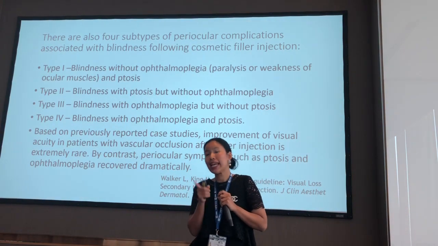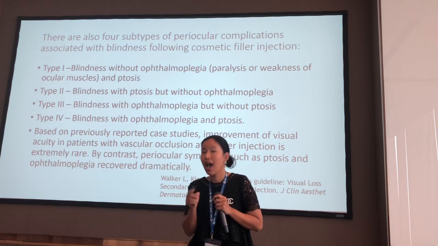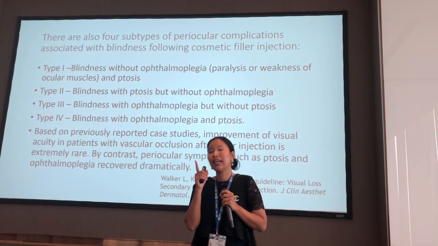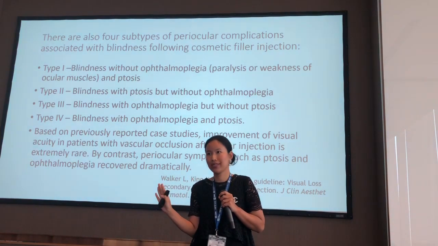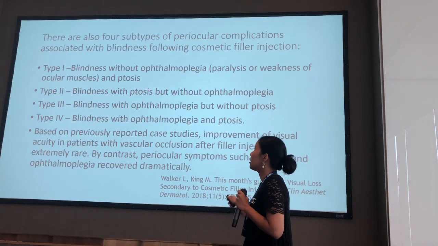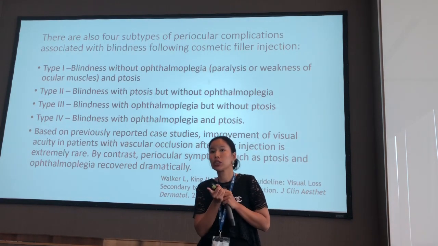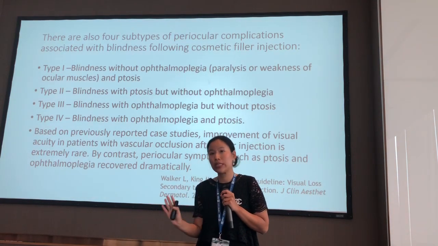For blindness, the end organ damage is the retina, right? The retina can live without blood only 1 to 1.5 hours. But the organ damage of ptosis and ophthalmoplegia is in the muscles, which can live longer without oxygen. So this is the reason behind this.